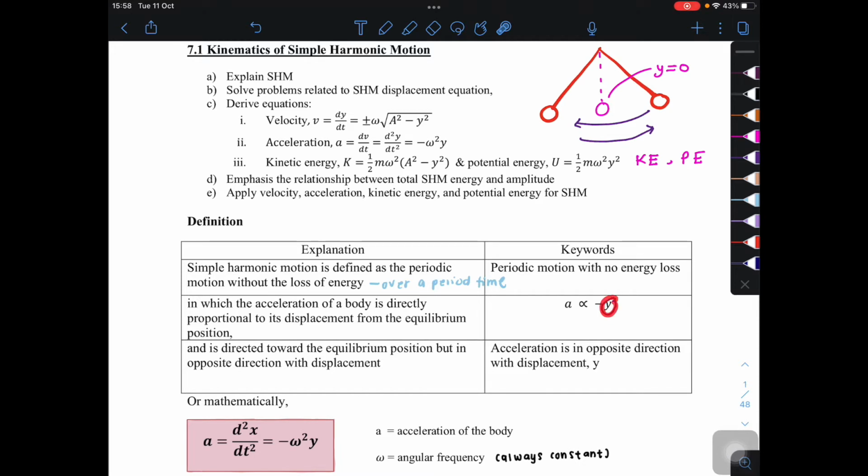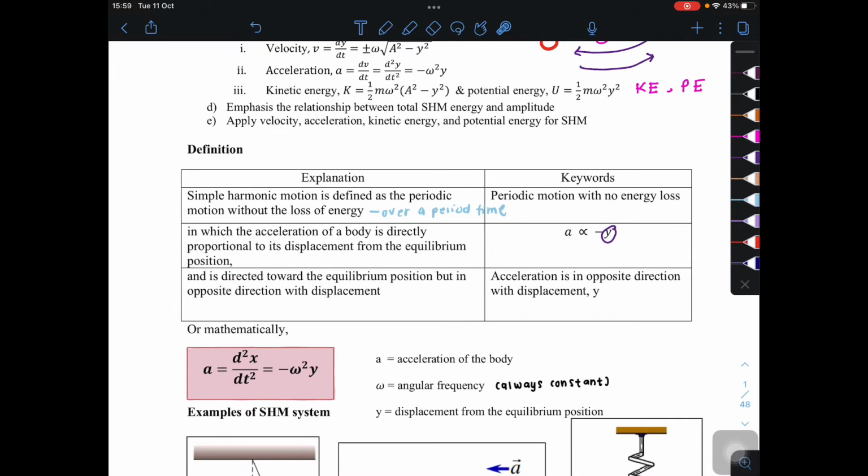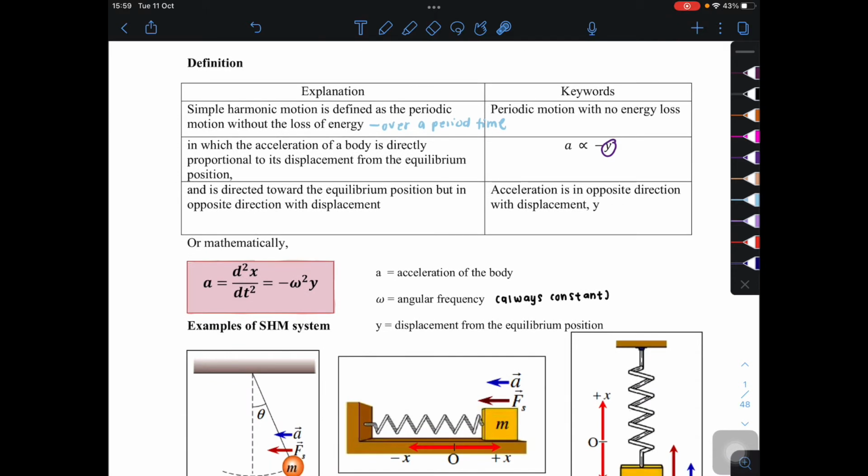But here we use simbol Y. And then it is directed toward the equilibrium position but in opposite direction with displacement. So apa yang dia mau cakap adalah acceleration ni directly proportional to displacement tetapi opposite direction, that's why kita ada negative di sini. Or mathematically we can write it down di mana acceleration is equal to negative omega square times Y.